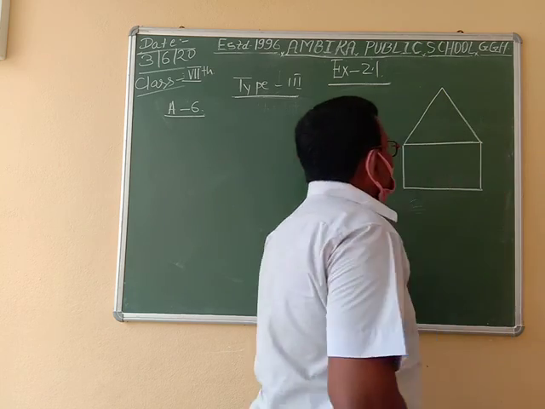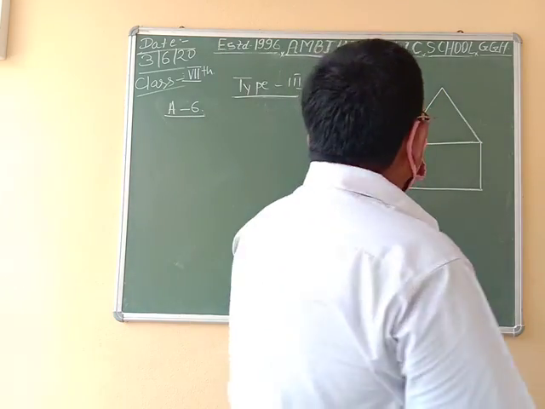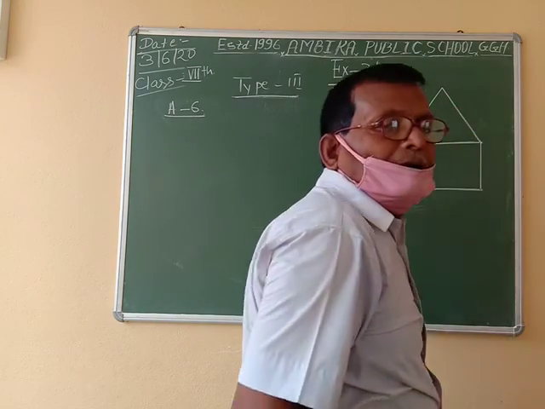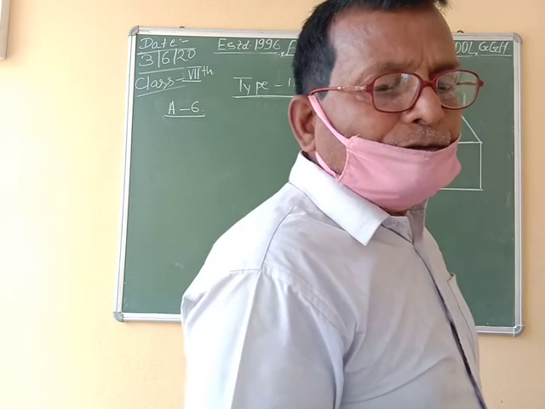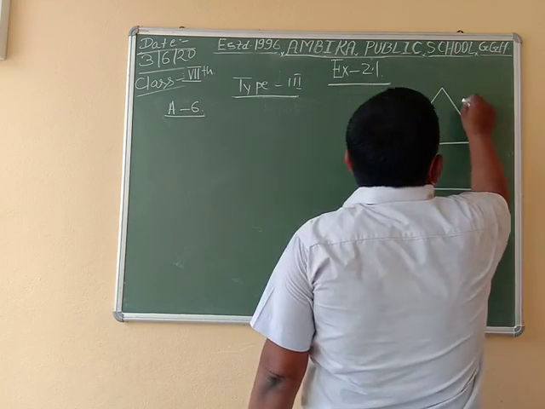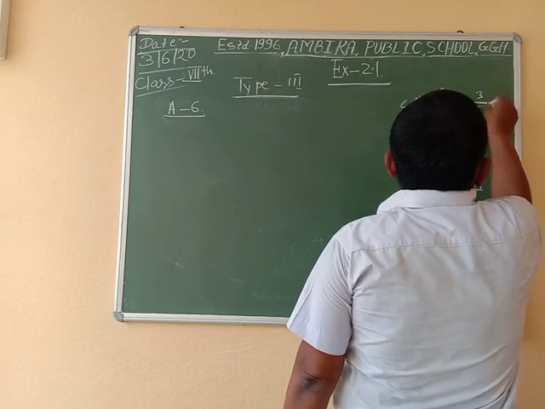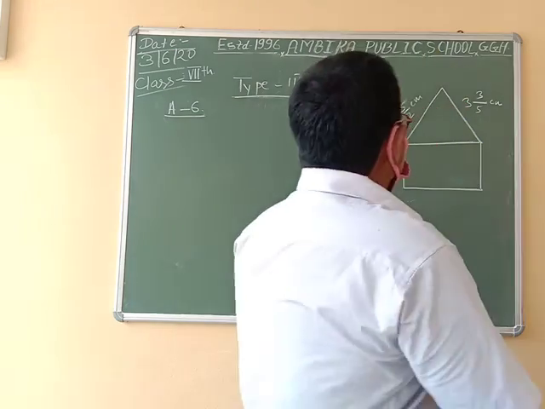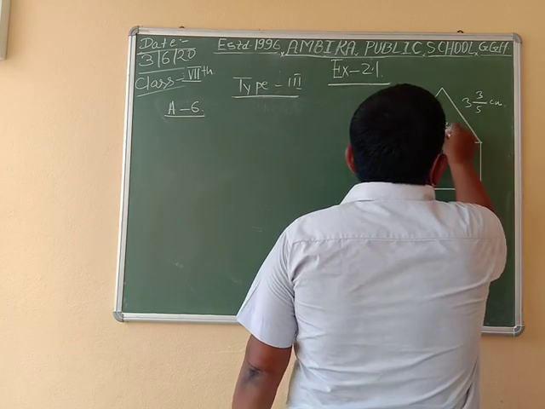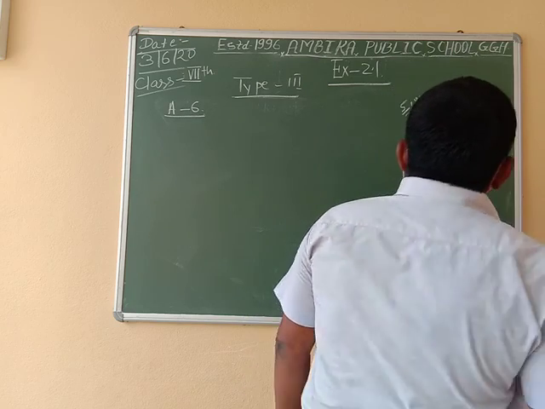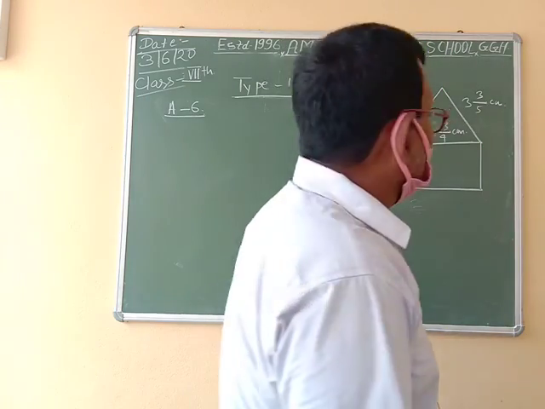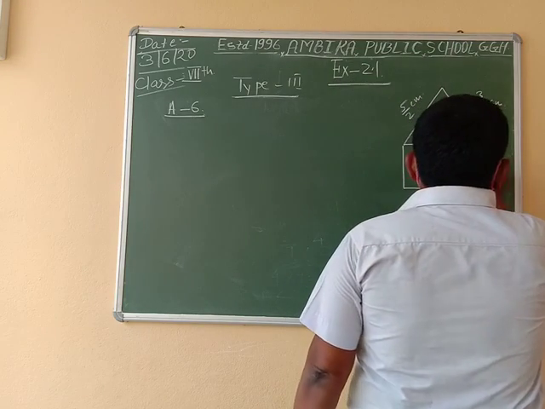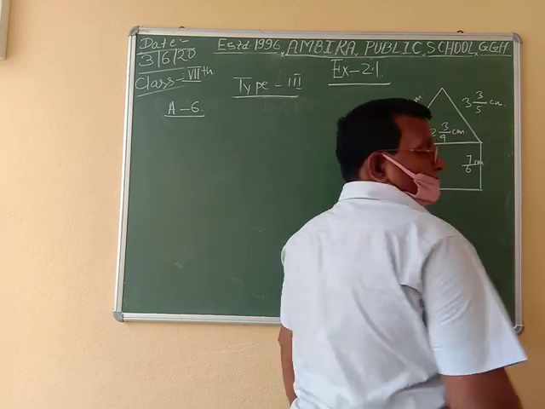Measurements of sides are given: 5/2 centimeter, 3 3/5 centimeter on one side, and the third side is 2 3/4 centimeter, and only one side of the rectangle is given, 7/6 centimeter.